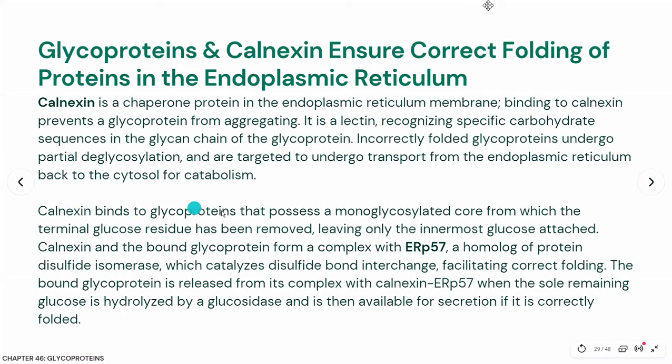Calnexin binds to glycoproteins that possess a monoglycosylated core.